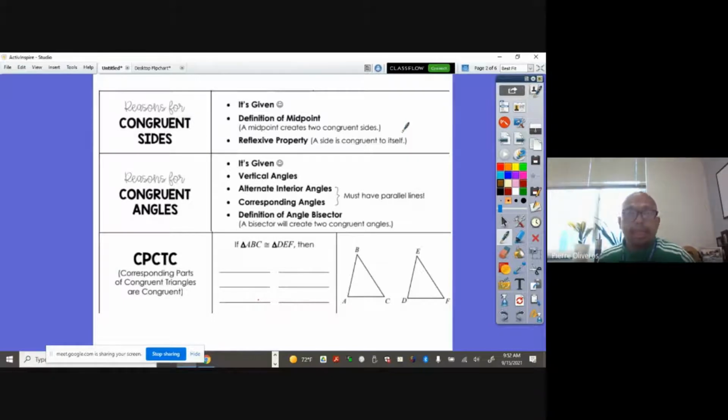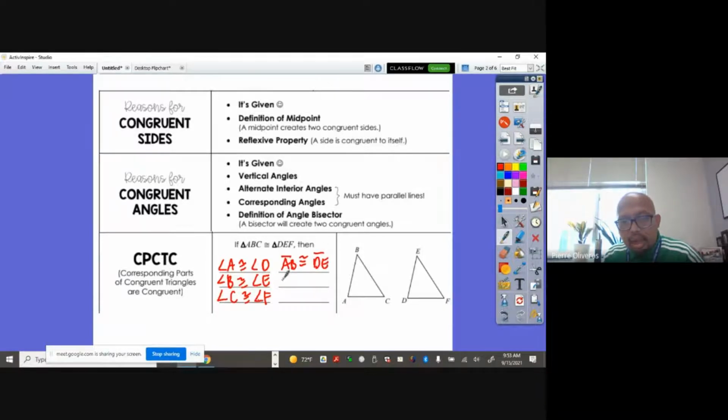Okay, and also CPCTC, this is the best friend of mine: corresponding parts of congruent triangles are congruent. The case here is that if the two triangles are already shown to be congruent, then all their parts are going to be congruent. For example, if triangle ABC is congruent to triangle DEF, then I know now that angle A is congruent to angle D, angle B is congruent to angle E, angle C is congruent to angle F, and side AB is congruent to side DE.